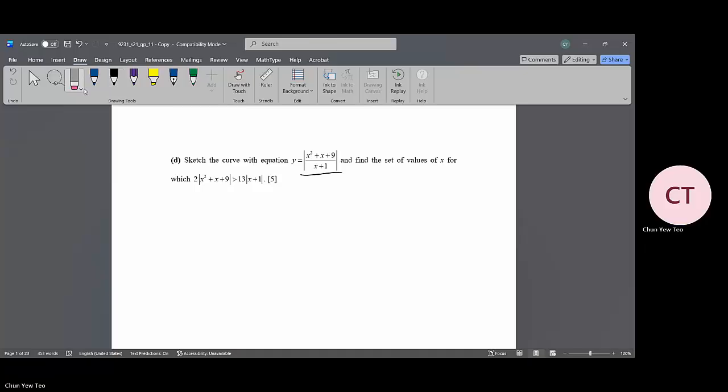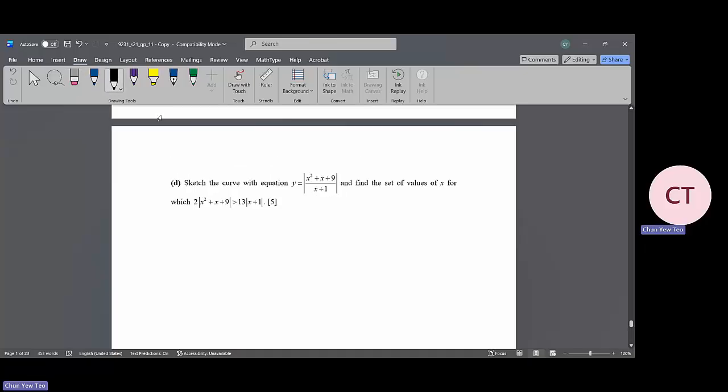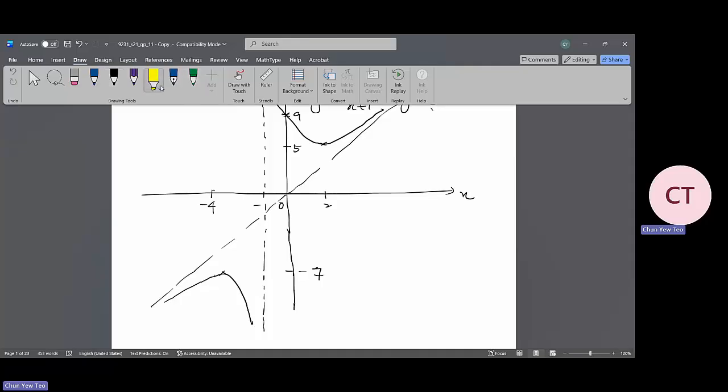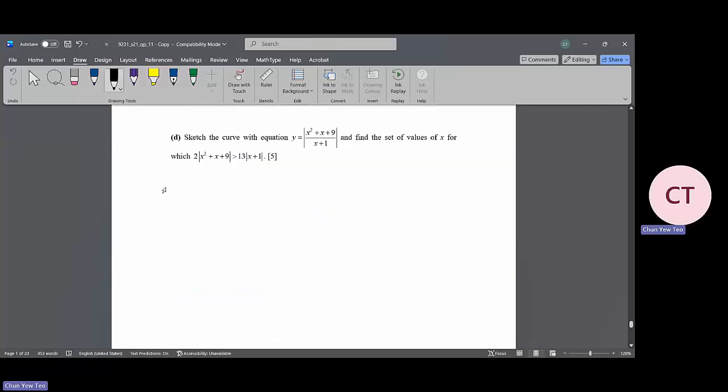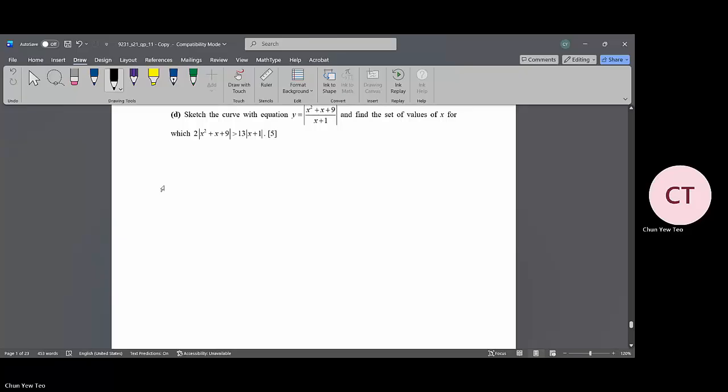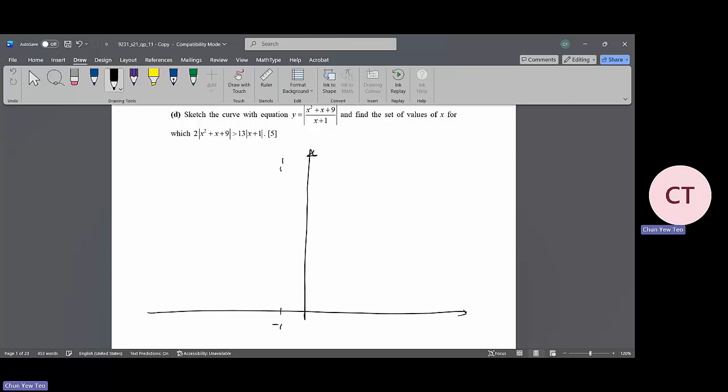So what we need to do is actually just need to, the whole thing over here is going to reflect about the x-axis. So you just have to... your oblique asymptote is y equal to x.